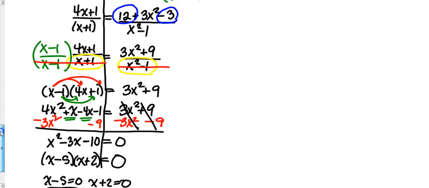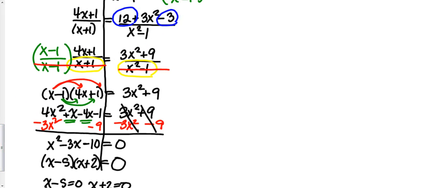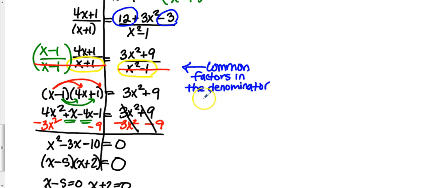The key learning for this example is what we did right here. So we want to put in a little note: common factors in the denominator cancel out.